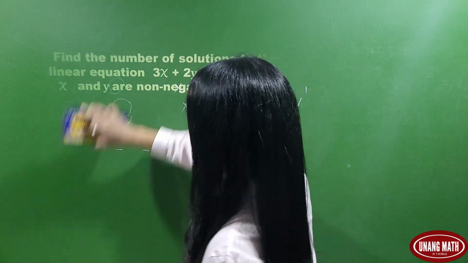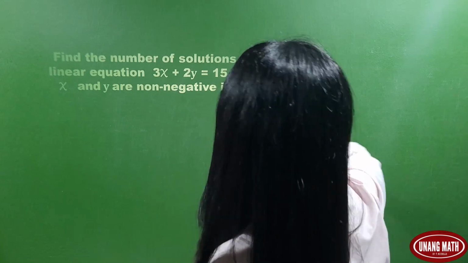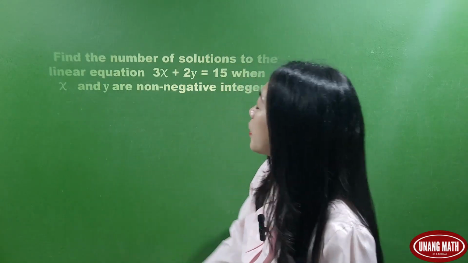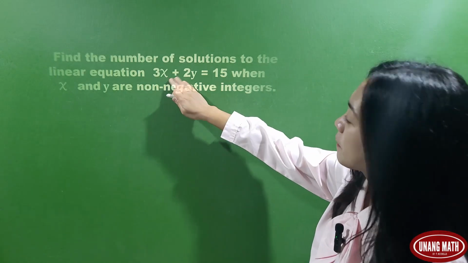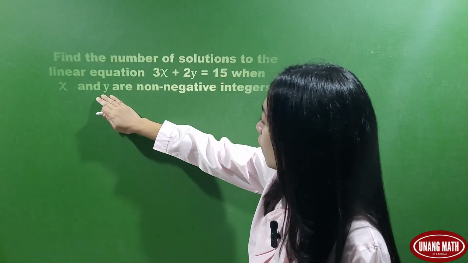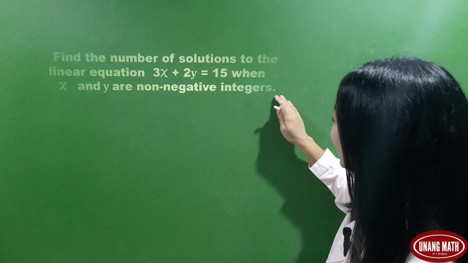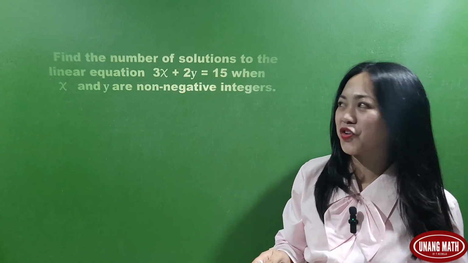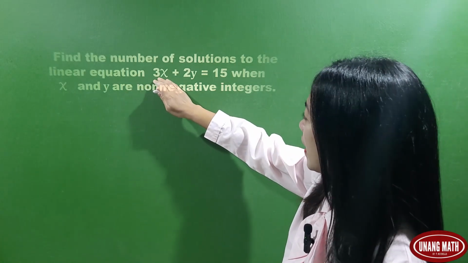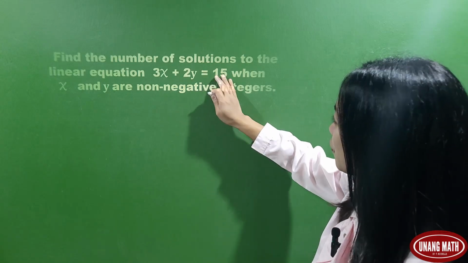Okay, what about this problem? Let's also answer this problem. Find the number of solutions to the linear equation 3x plus 2y is equal to 15 when x and y are non-negative integers. So this is our linear equation in two variables, 3x plus 2y is equal to 15.